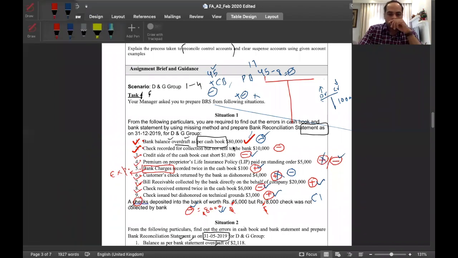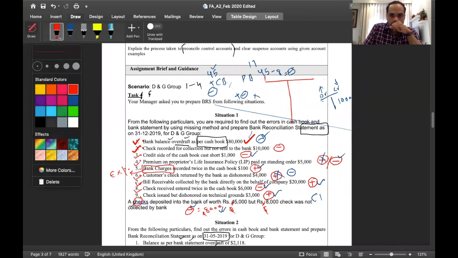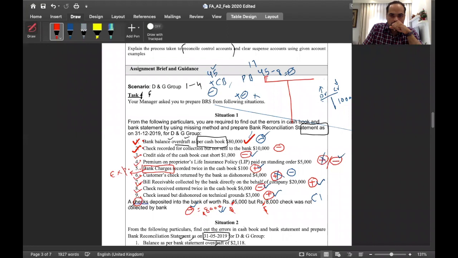Okay. So the first one is bank. This is the debit side, and this is the credit side. So we're preparing a cash balance. Bank balance overdraft as per cash book: tell me, debit or credit side? 80,000, debit or credit?